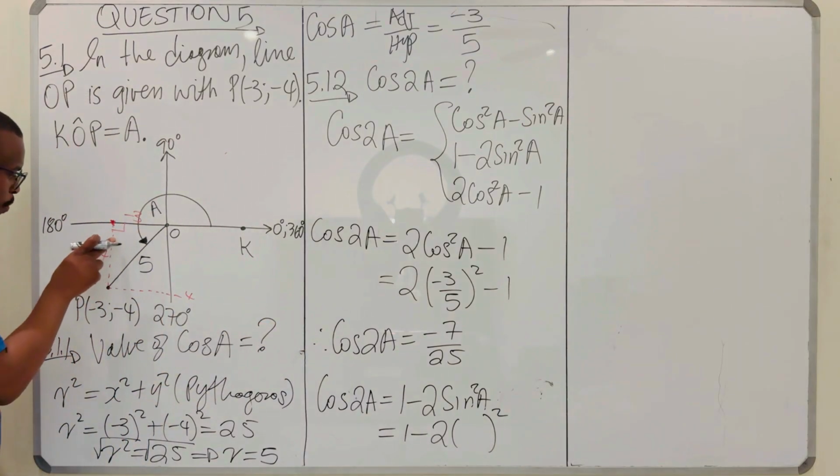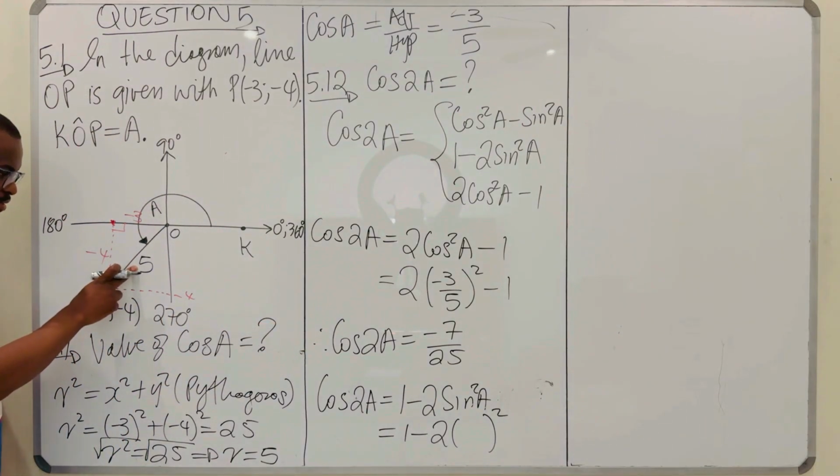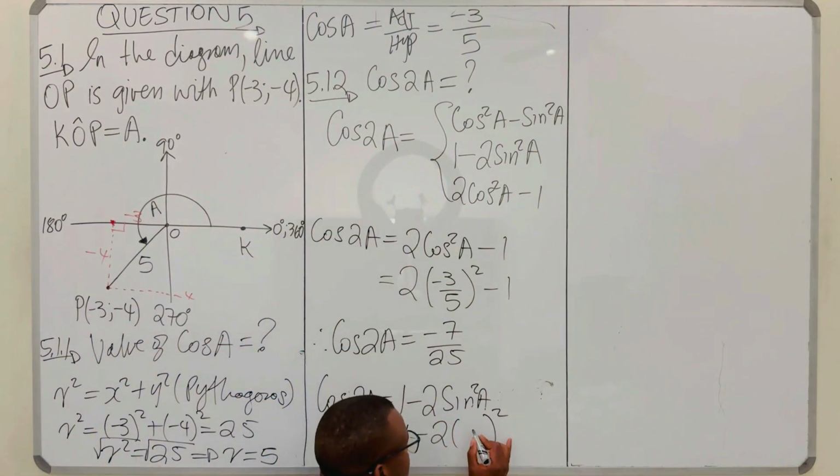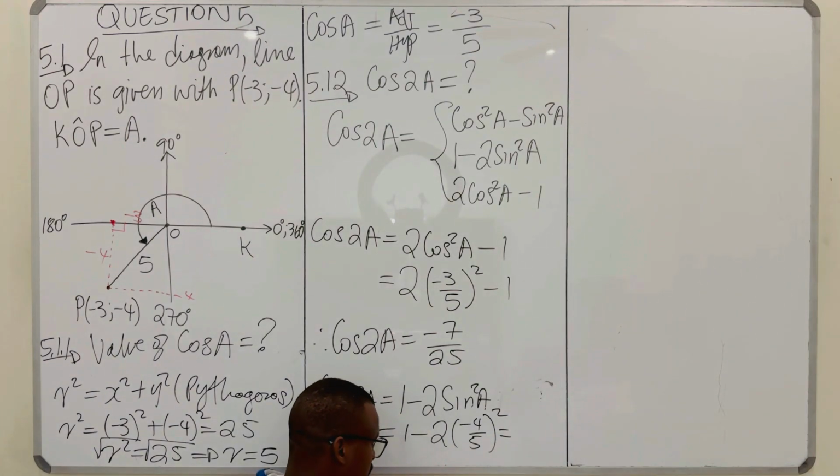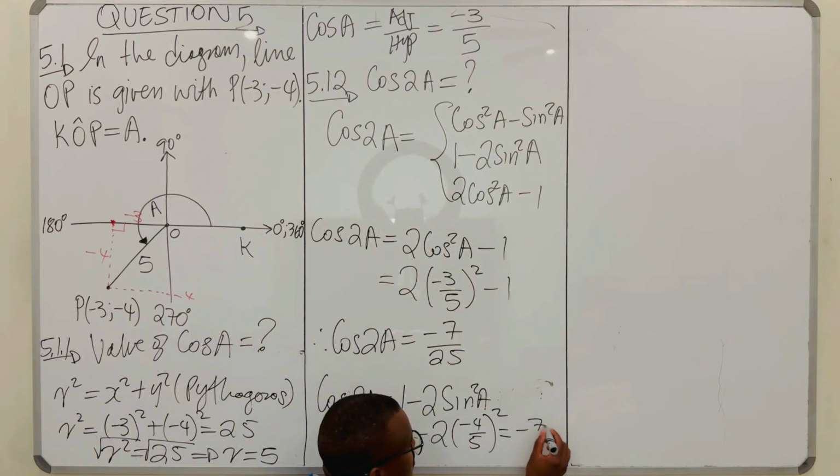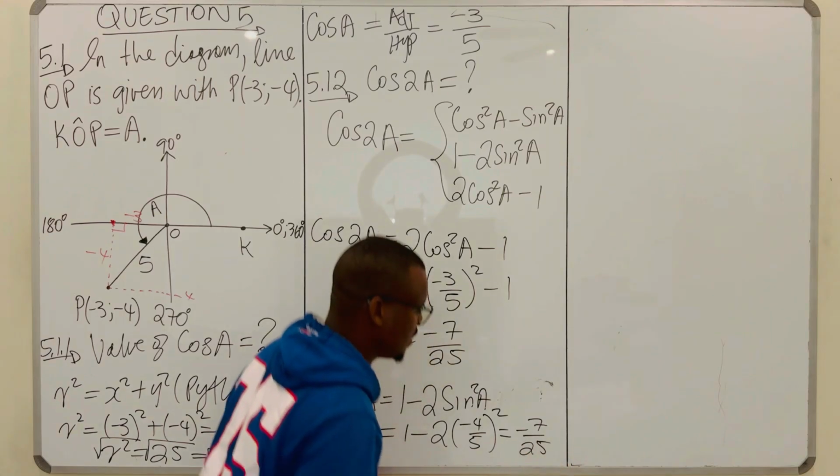If you had A, the opposite side is minus 4, your hypotenuse is 5, so what you have here is minus 4 over 5. So punch this in your calculator: 1 minus 2 times minus 4 over 5 all squared. This comes out to be minus 7 over 25. So this is the same thing.